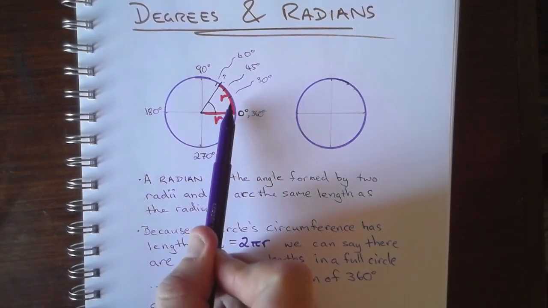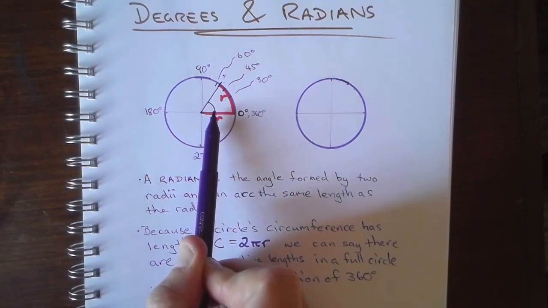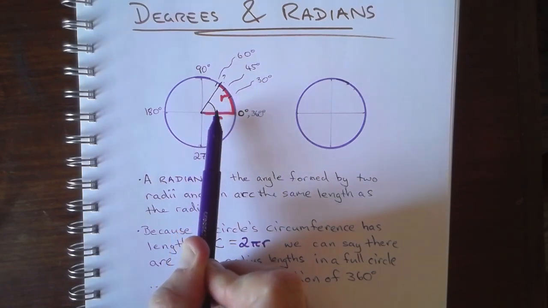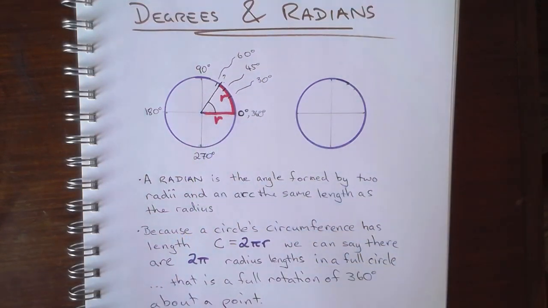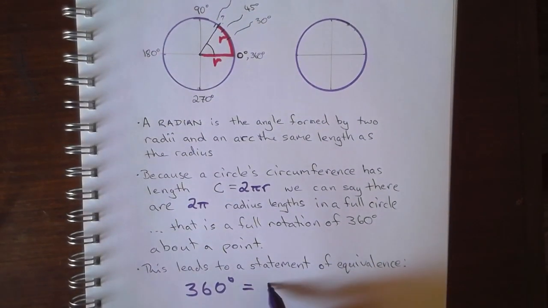If we also know that it's 2 pi radius lengths, that means we'll also form 2 pi lots of these radians, or that little angle inside there. So we can say that 360 degrees is equal to 2 pi radians. It's an equivalent statement. Same angle, 360 degrees is 2 pi radians.